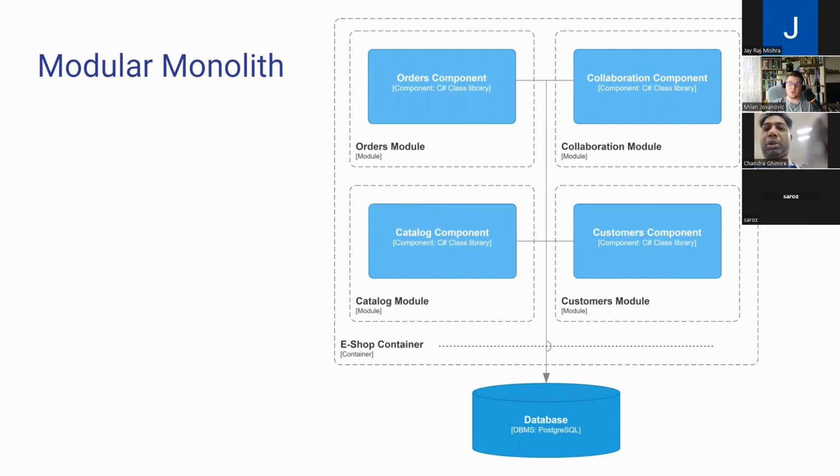What were services in the microservices architecture before are now modules in our modular monolith. So we have these 4 distinct components which represent our modules in the monolith application. They are all compiled and deployed together in a single deployment unit, and they all operate on the same database underneath, which in this example is Postgres.